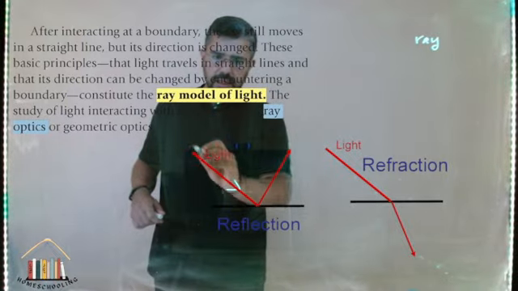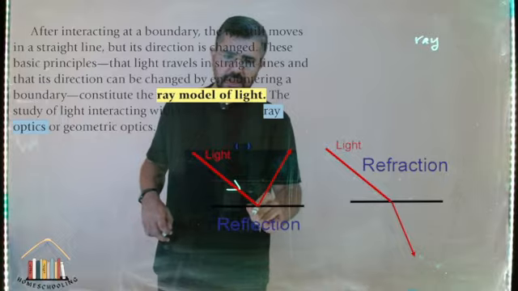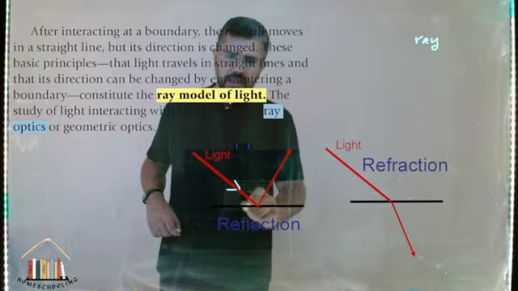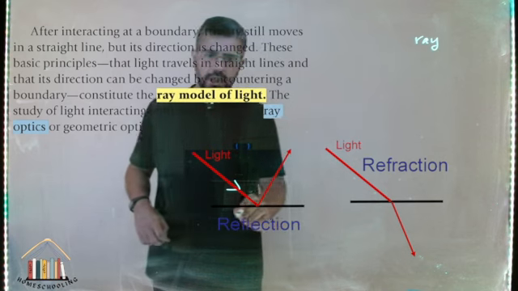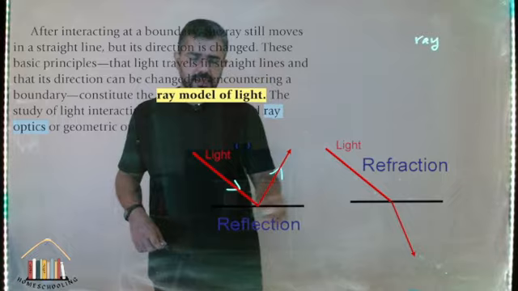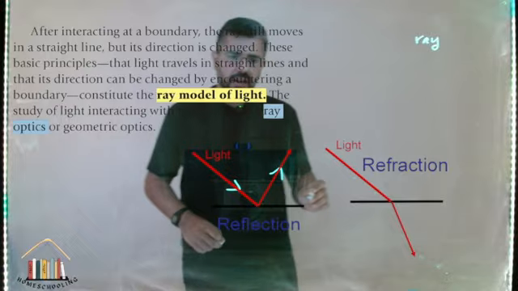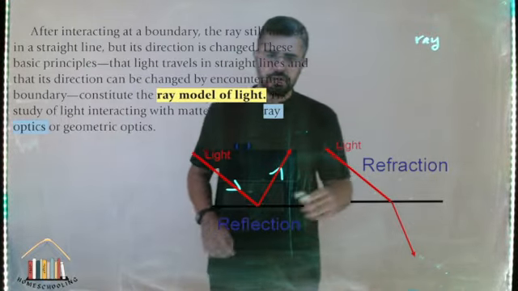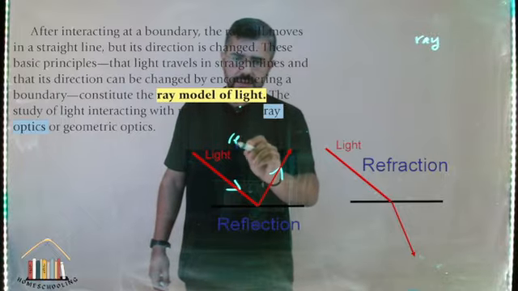Imagine this as a laser beam or laser light. It starts from here, reaches the boundary, this is the boundary, imagine like a mirror or a glass, and then this ray of light is reflected back. It's still in the same medium. Another behavior of light is called refraction. By the way, this is what we call reflection.